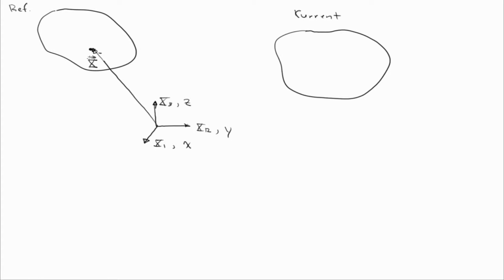It's a vector X, so it has components x1, x2, x3. And after some deformation occurs, that same point is now going to be at this point, little x, right? It's also a vector.